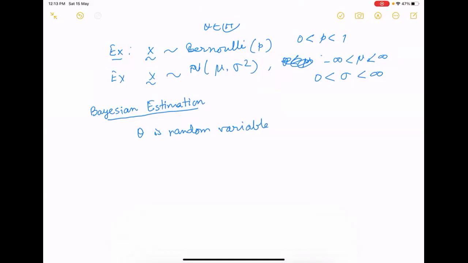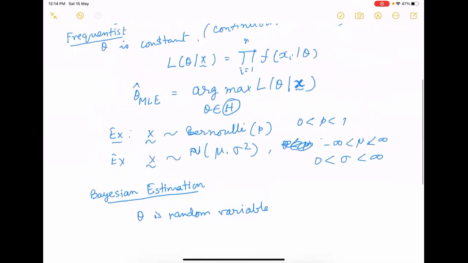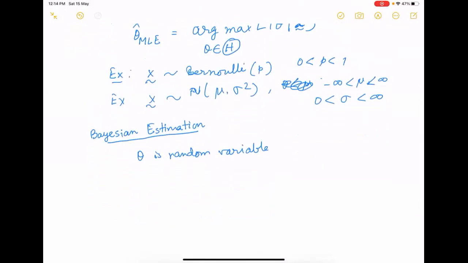As soon as I say it is a random variable, that immediately says theta has its own probability distribution. Theta follows a probability distribution, some pi of theta, where pi is known as the prior probability distribution.